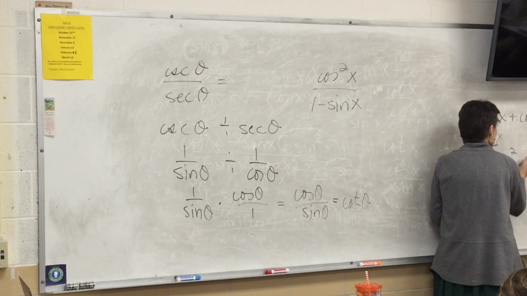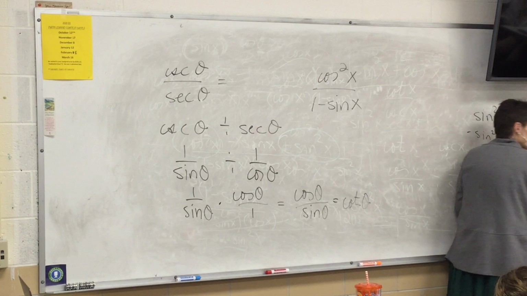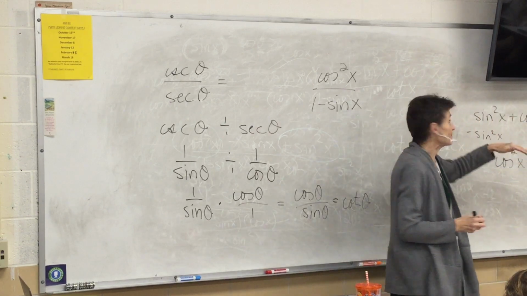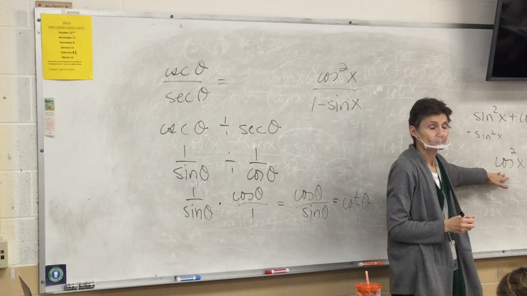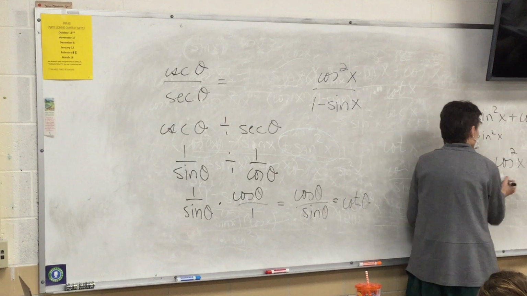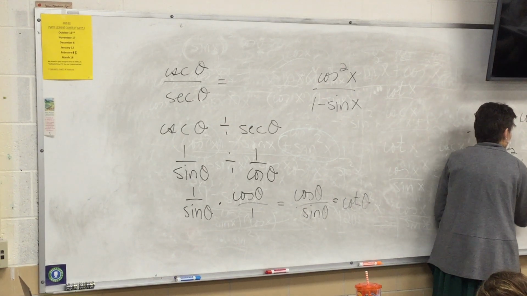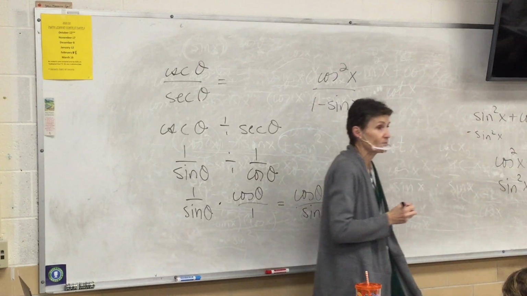Cosine squared equals 1 minus sine squared. Okay, remember when I had you leave some space under this? I want you to write that in that space. And I also want you to write this in that space. Because couldn't I subtract cosine squared and end up with the same sort of thing?